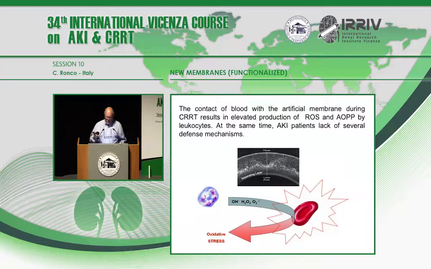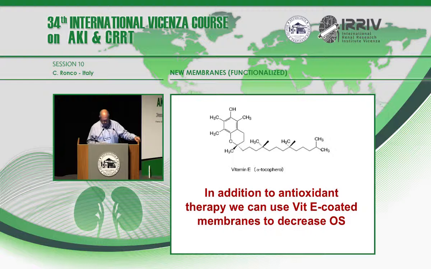So the contact of blood with artificial membrane during CRRT also may result in elevated production of reactive oxygen species and AOPP by leukocytes. At the same time, AKI patients lack several defense mechanisms. So we are in a condition in which it seems that membranes may actually amplify this kind of phenomenon.